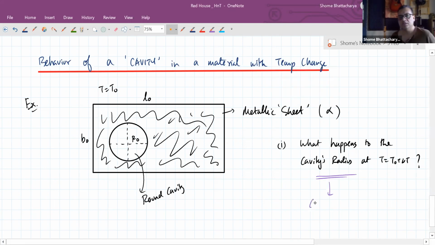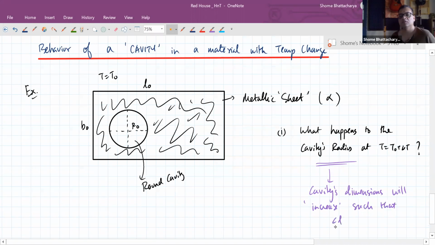So the cavity's dimensions will increase such that any linear dimension will change by alpha delta T. Any area dimension will change by 2 times alpha delta T, and so on and so forth.